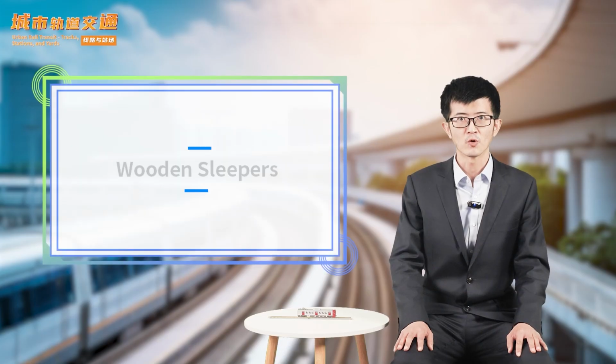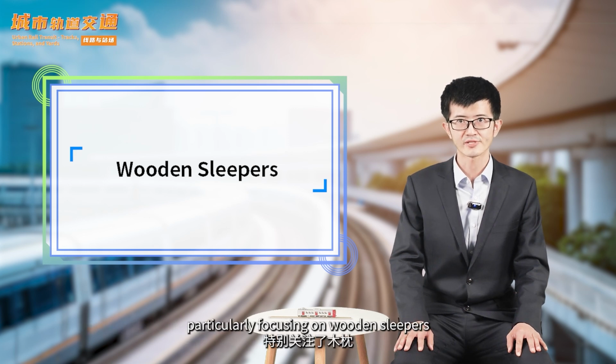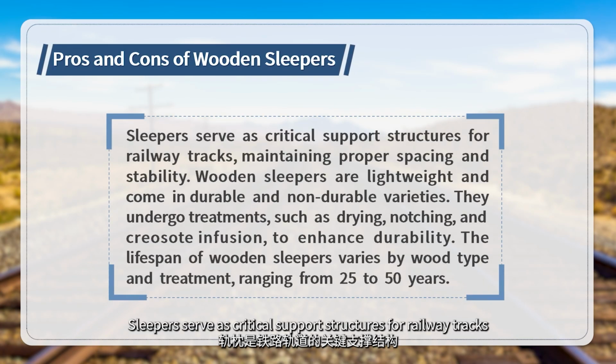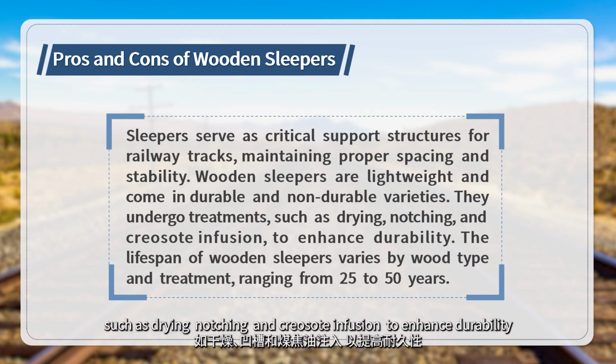In this lesson, we explored the importance of slippers in the superstructure of the railway tracks, particularly focusing on the wooden slippers. Slippers serve as crucial support structures for railway tracks, maintaining proper spacing and stability. Wooden slippers are lightweight and come in durable and non-durable varieties. They undergo treatments such as drying, notching, and creosote infusion to enhance durability.